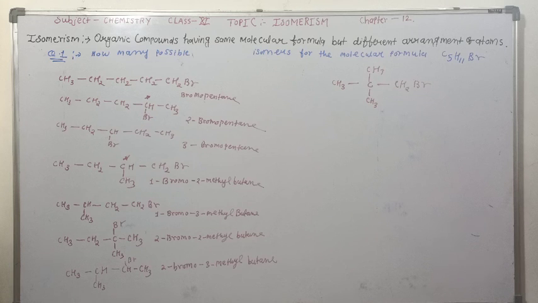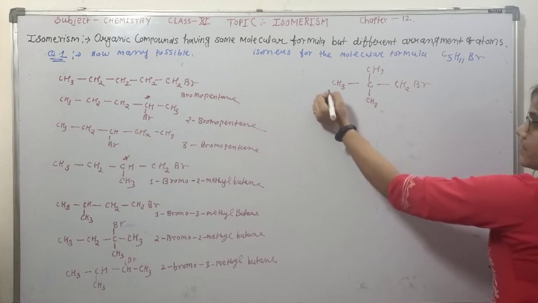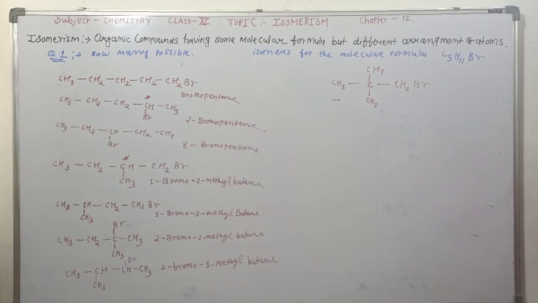So this is one more isomer possible for the same compound. So in total, how many isomers have we done? 1, 2, 3, 4, 5, 6, 7, 8. 8 isomers we have done and 2 optically active.